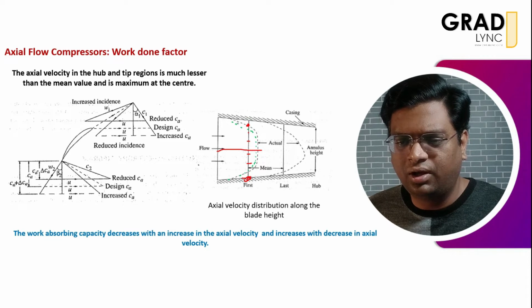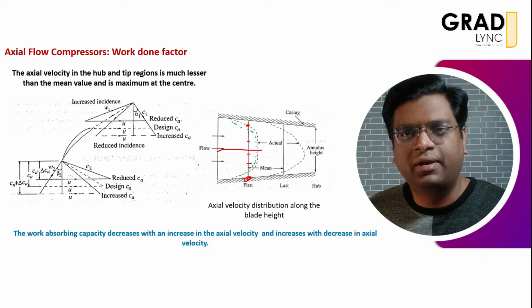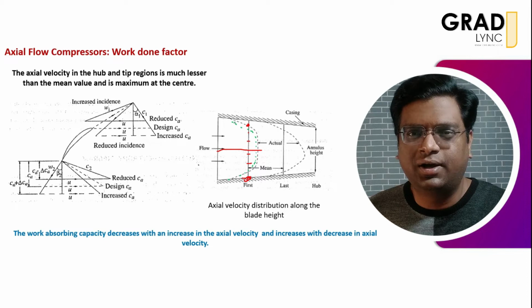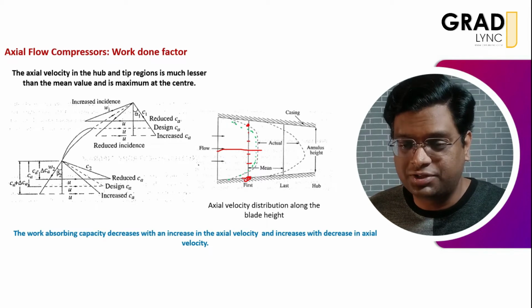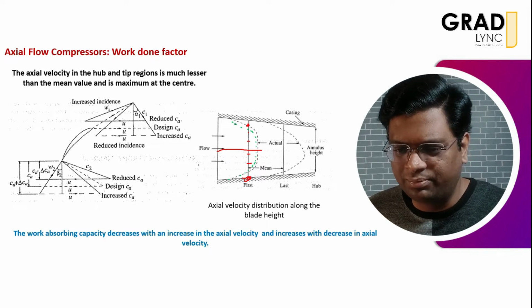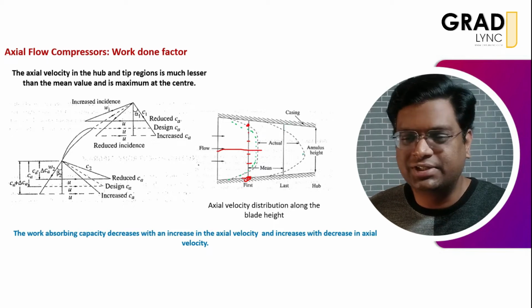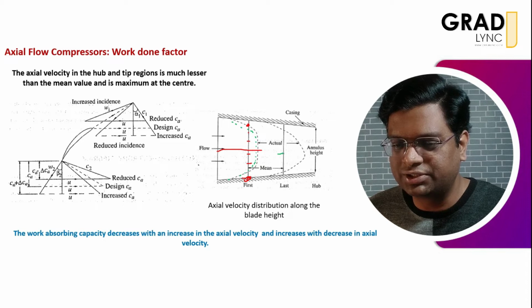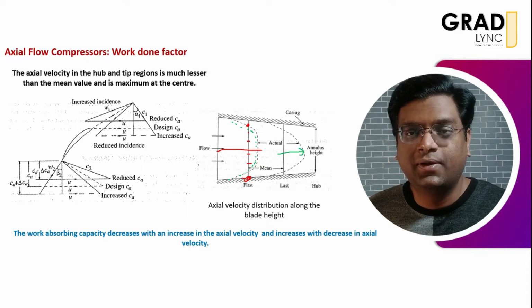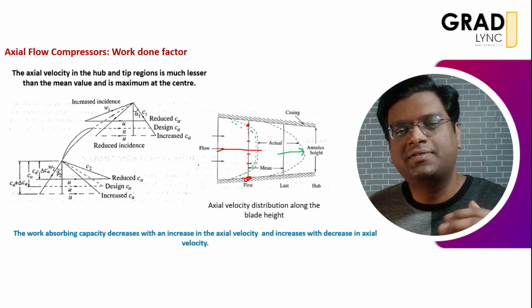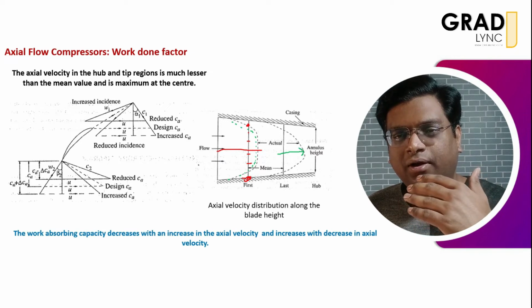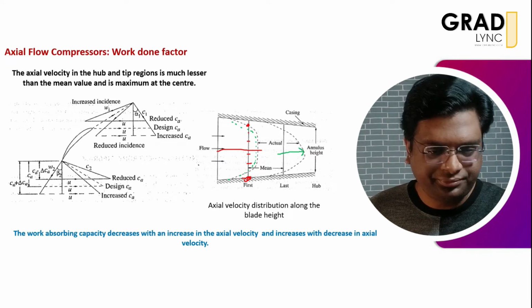So what we are going to do here is take the mean values of velocity for each blade row. If you observe carefully the last stage, the maximum velocity is again somewhere around 50% of the blade height, so it is not constant, it is changing from hub to the tip.